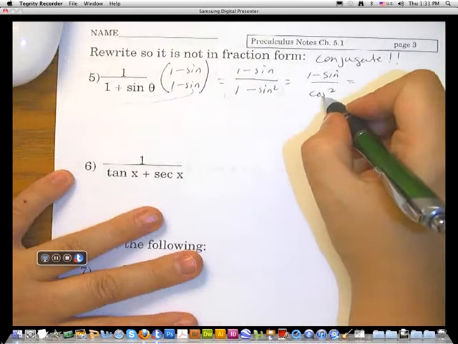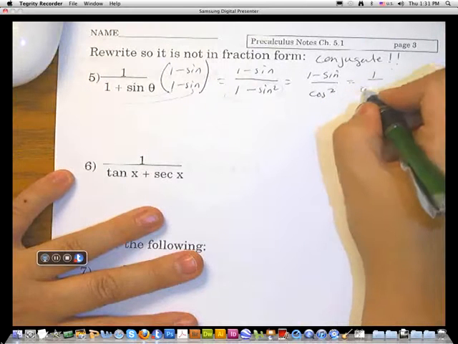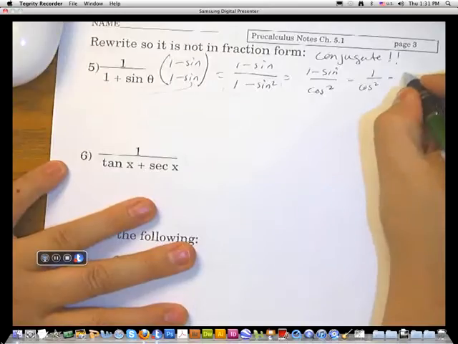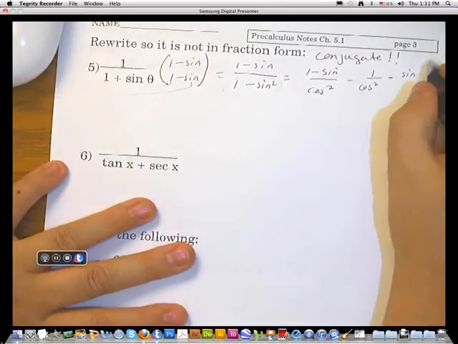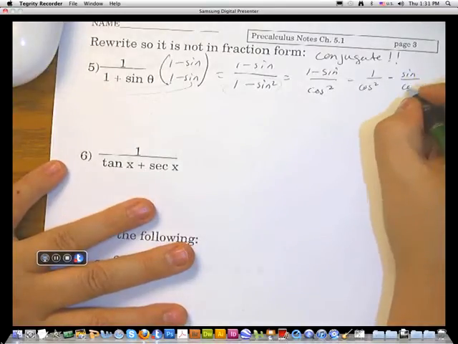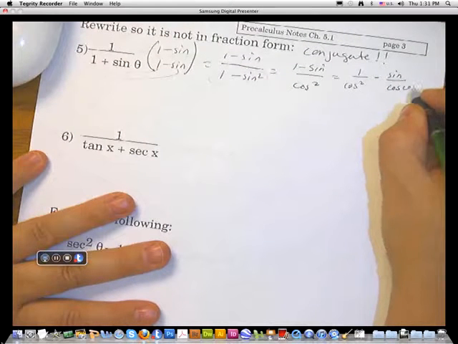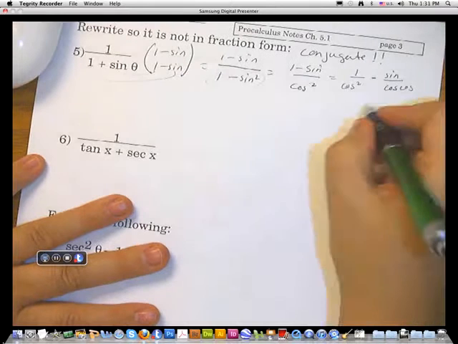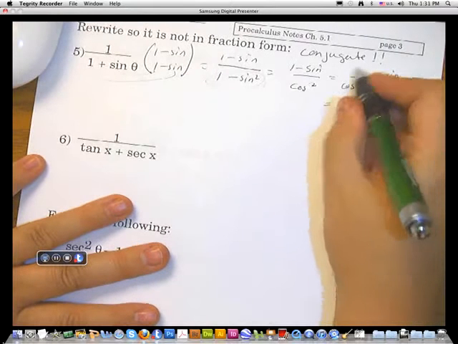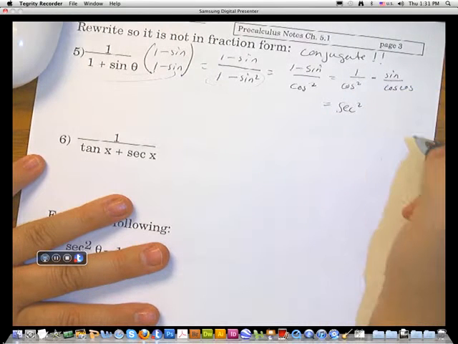Because it's one denominator, I can separate it into 1 over cosine squared minus sine over cosine. And I'm going to rewrite cosine squared as cosine cosine. 1 over cosine squared is secant squared.